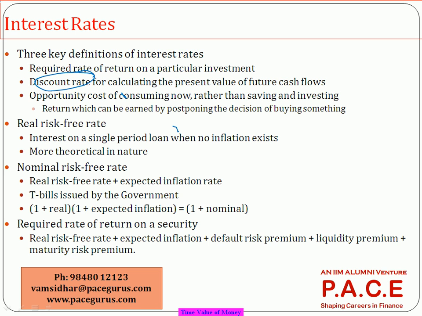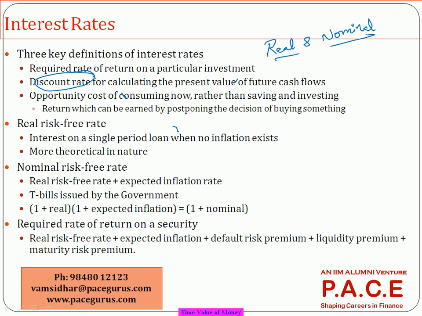And when we talk about interest rates, we always use the terms real and nominal: real interest rate and nominal interest rate. Whenever the interest rate includes inflation, we call it nominal.